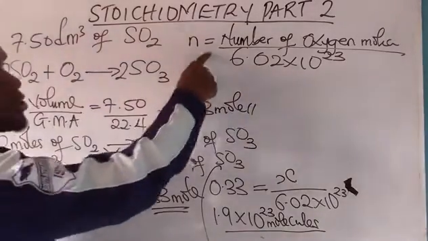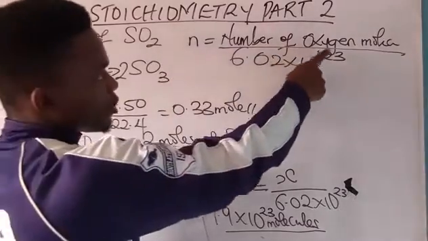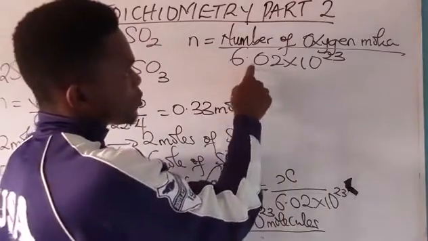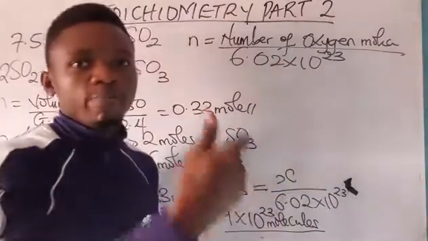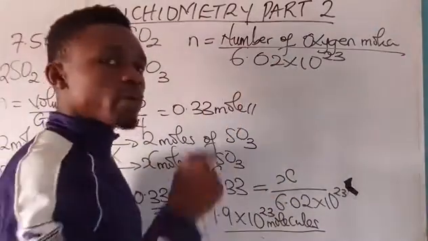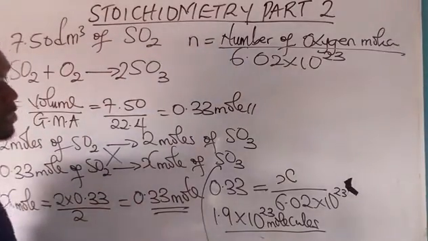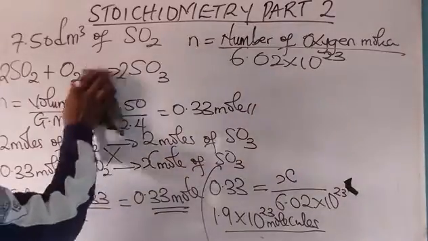Take your mind to this formula, Avogadro's number, which means that N is equal to number of oxygen molecules over 6.02 times 10 raised to 23. This also equals number of particles over Avogadro's number. Very, very important. So the answer is 1.9 times 10 raised to 23 molecules. All right. So that is for that.